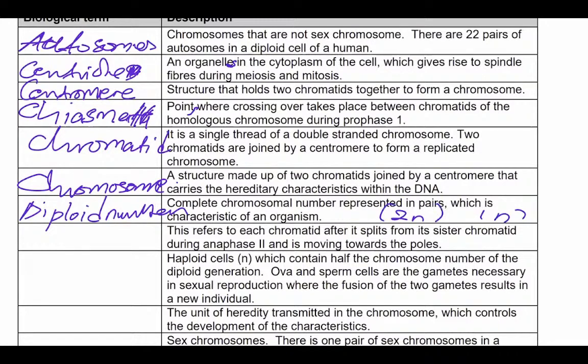This refers to each chromatid after it splits from its sister chromatid during anaphase 2 and is moving towards the poles. How do you call it? They are saying during anaphase 2. If it is during anaphase 2, what does it mean?